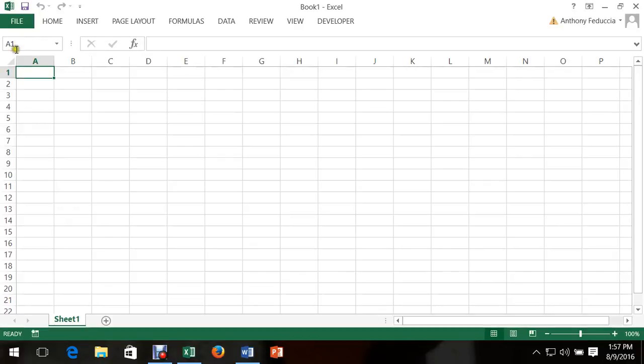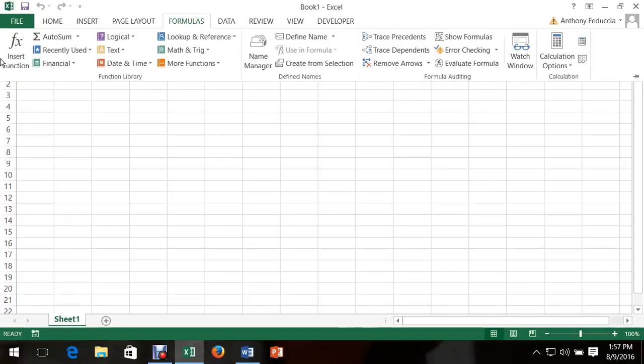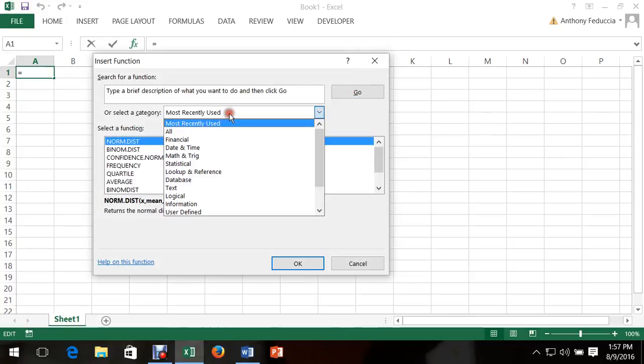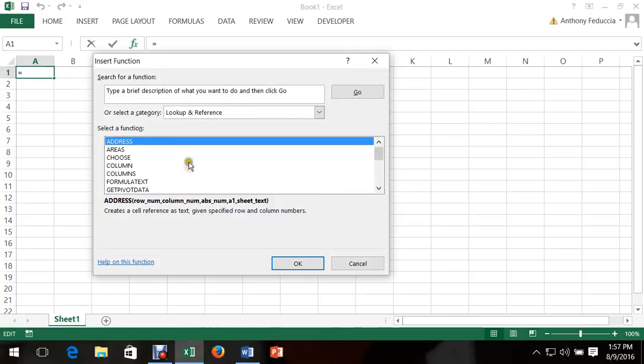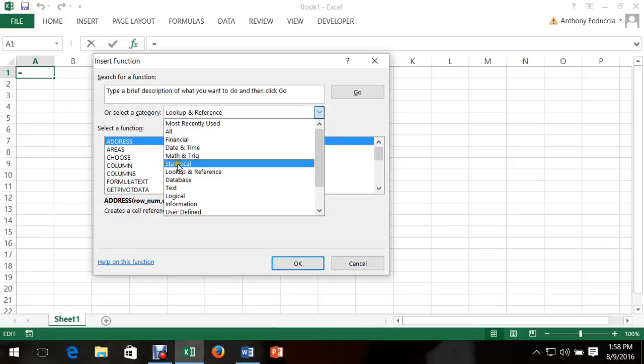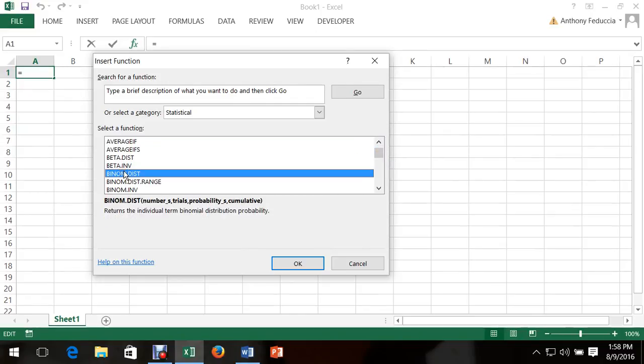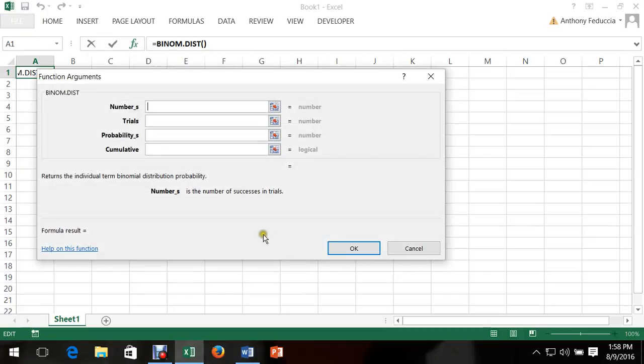We're going to go into Formulas, Insert Function, and I'm going to put down statistical as the category. And you notice there's a whole bunch. We can scroll down. We're going to come to binomial distribution right here. And if we say OK, it asks for 4 things.